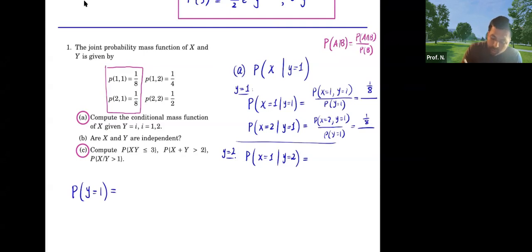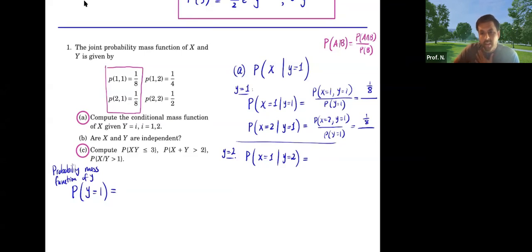So really for part A, you have to find what's called the marginal density function. What's the marginal density function of y? Or I should say, what's the probability mass function of y? Do you know how to compute that?